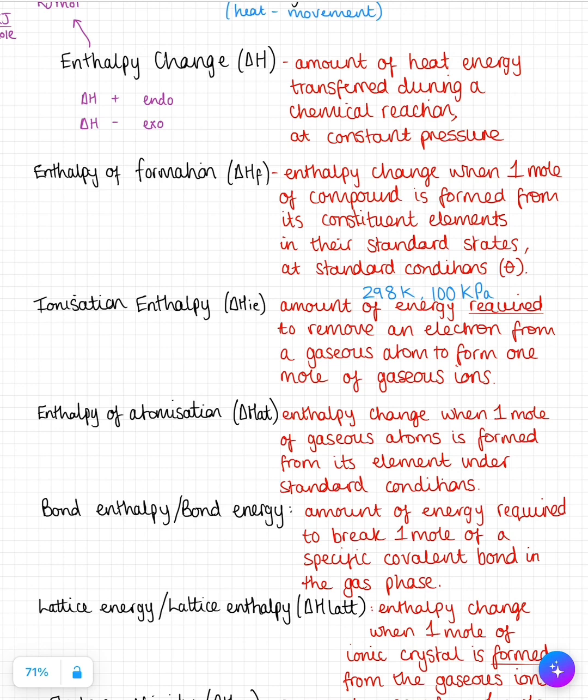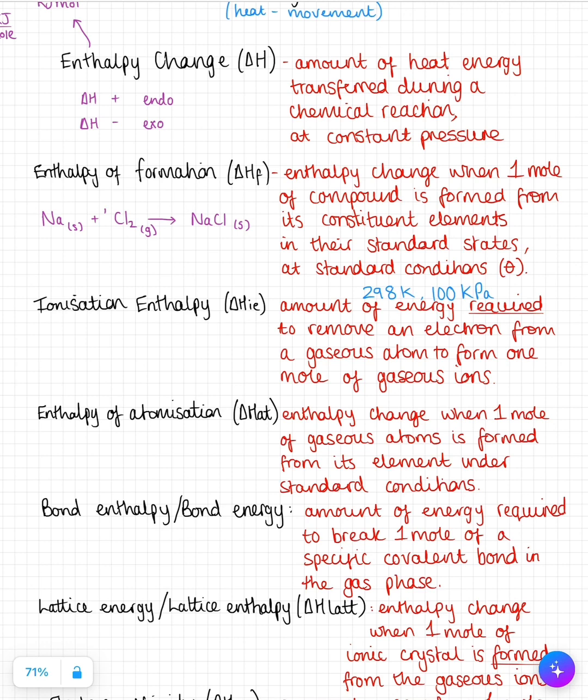So let's look at an example of an equation that represents enthalpy of formation. Let's imagine we are forming 1 mole of sodium chloride, our compound. The elements required are sodium and chlorine. Sodium is a solid at room temperature, chlorine is diatomic, Cl2, and it's a gas.